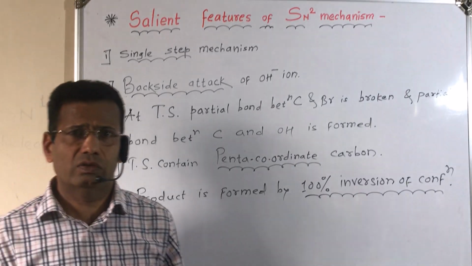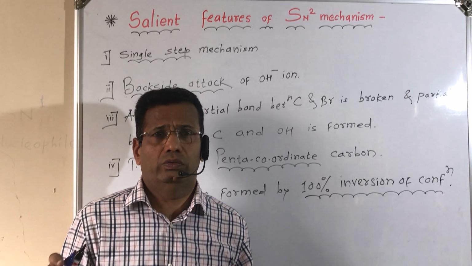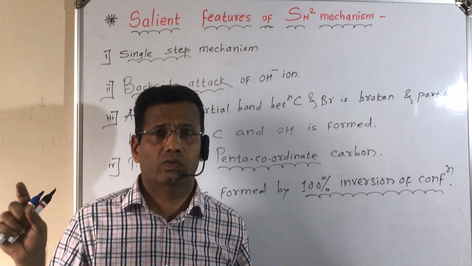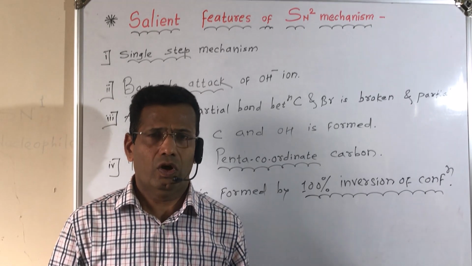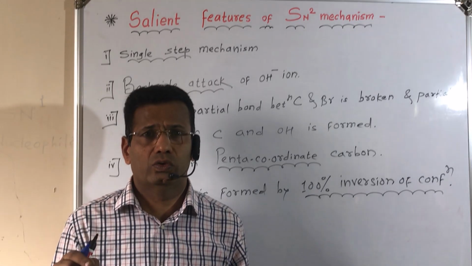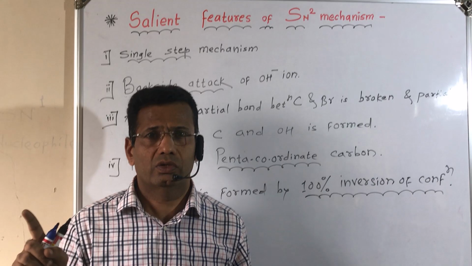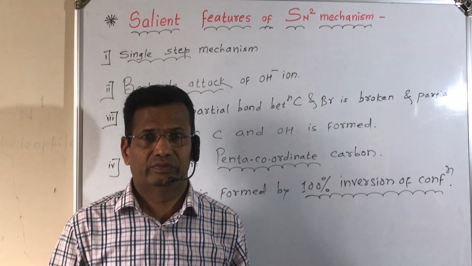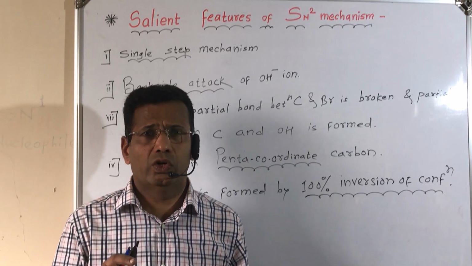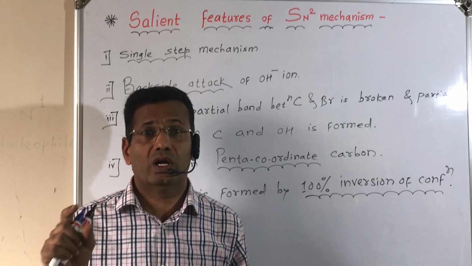There is one more question for the MHT CET examination. In SN2, the product is formed by 100% inversion of configuration. The options given are: option A, in SN2, breaking of the C-Br bond and formation of the C-OH bond occur simultaneously. Option B, in SN2, at the transition state, the carbon atom is overcrowded.